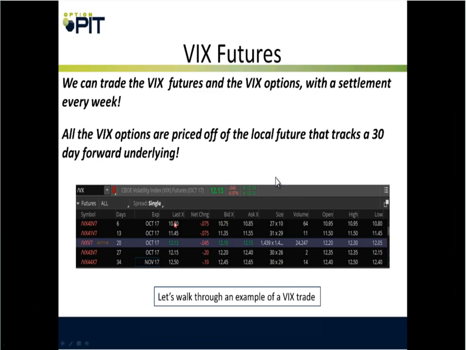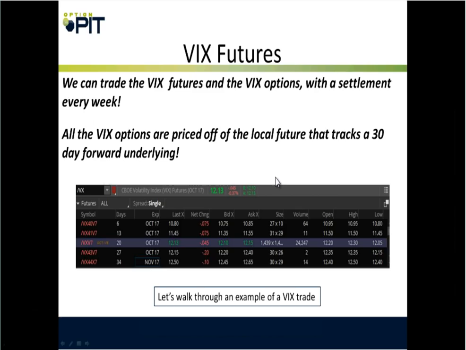The future expiring 6 days from now is trading at 10.80, about 80 cents over where the cash is. The future is trading 11.45, 13 days. The active, or I guess what we'll call the serial future, was trading at 12.13. It was about $2 over where the cash was at the time. The problem is all these futures are trading at different prices relative to where the VIX cash is.